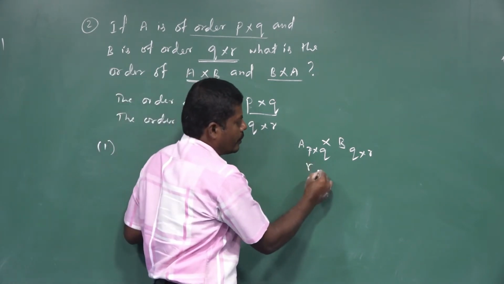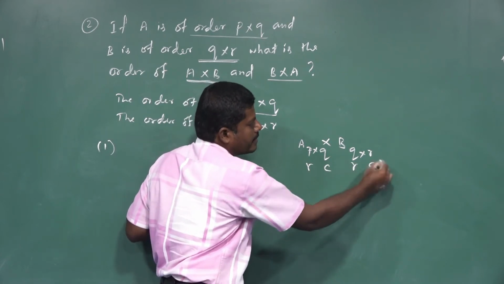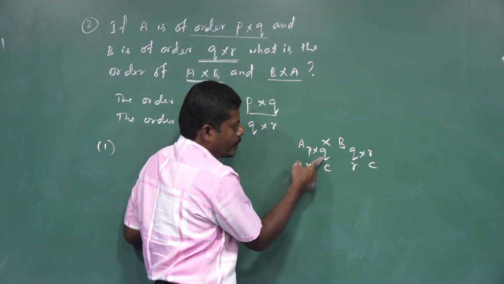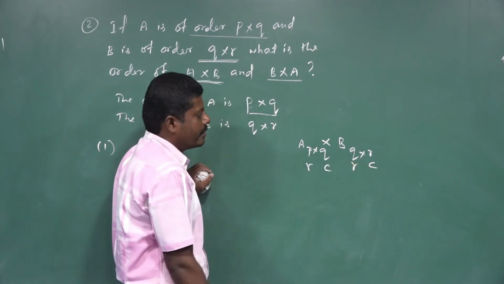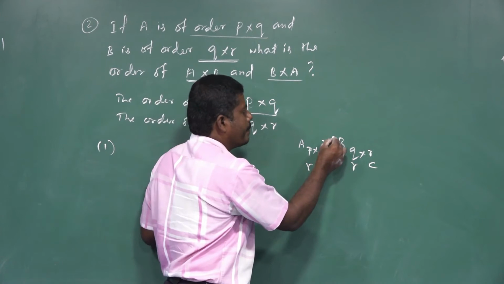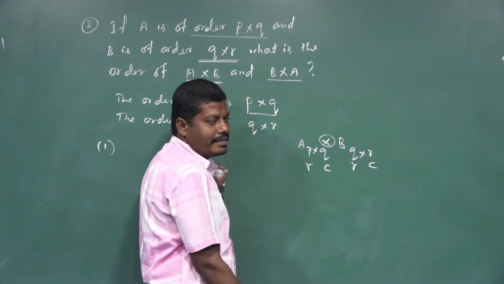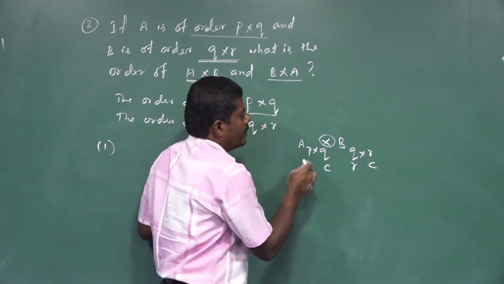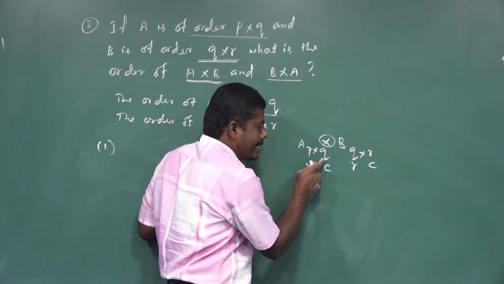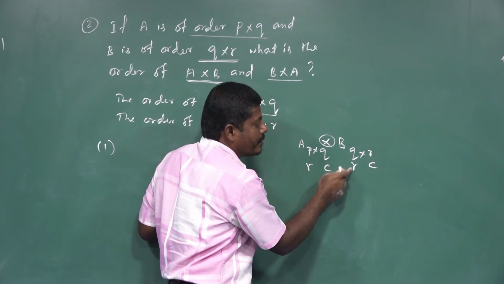So now this is row, this is column. This is row, this is column. Here P is row, Q is column. Here Q is row, R is column. Understand? Now, when is the product of two matrices possible? When the number of columns in the first matrix is equal to the number of rows in the second matrix.